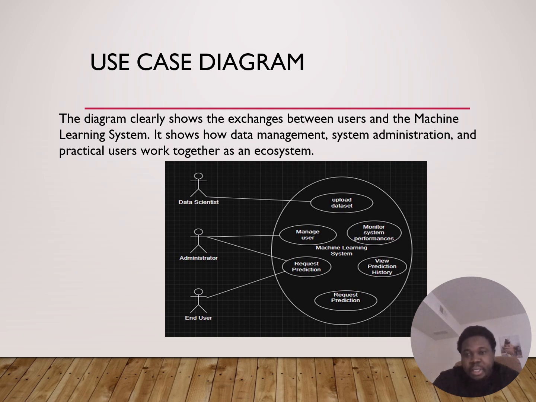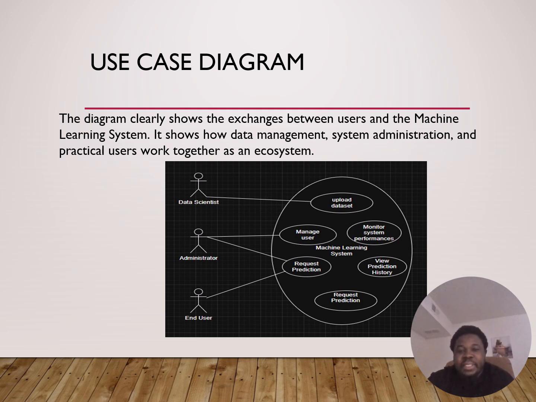I will walk you through the use case diagram. Let's take the diagrams one after the other. The use case diagram clearly shows the exchanges between users and the machine learning system. It shows how the data management system, administration system, and the practical users work together in the ecosystem.